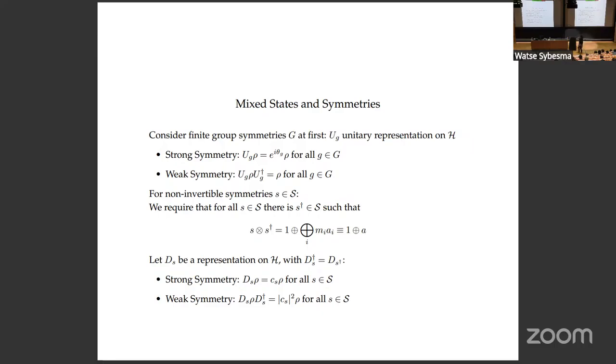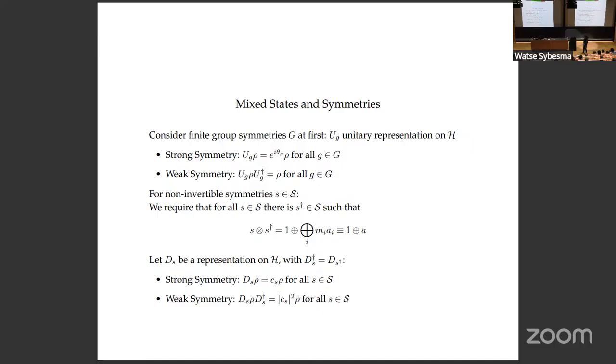So now these are two refined notions of symmetry, and that works for invertible group-like symmetries, which are realized in terms of unitaries. For non-invertible symmetries, you have some fusion, and here I'll assume it's something like S times S dagger is 1 plus some sum of other defects. So you have basically the structure that it goes to identity plus some other stuff.